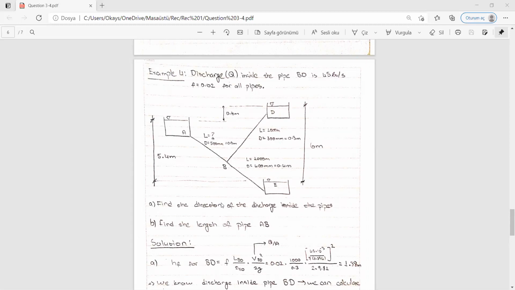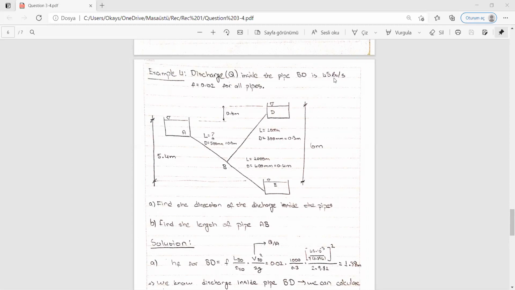So what is the formula for major head loss? It is f L V squared divided by D times 2g. We know f is 0.02. We know the length of pipe BD, which was 1000. We know the diameter is given as 0.3 meters. We know g is 9.81. For the velocity, we write discharge divided by the cross-section area.